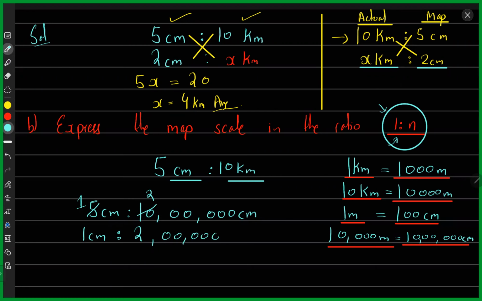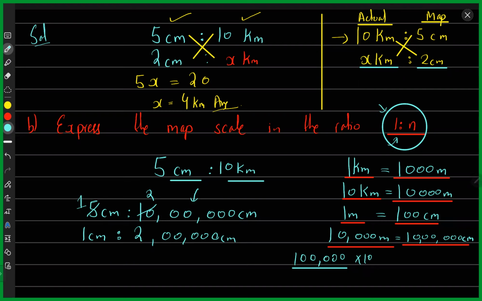Ma'am, you forgot the third zero in the second set. Basically, 1 lakh is with 5 zeros, right? This is 1 lakh, and 10 lakhs is 1 million. So when I multiply this by 10, this would be 1 million. We have 6 zeros in 1 million. Okay, thank you. Yes, no problem.